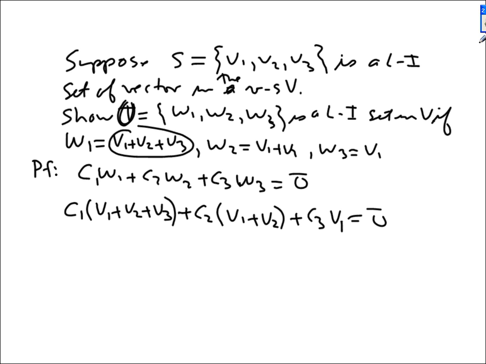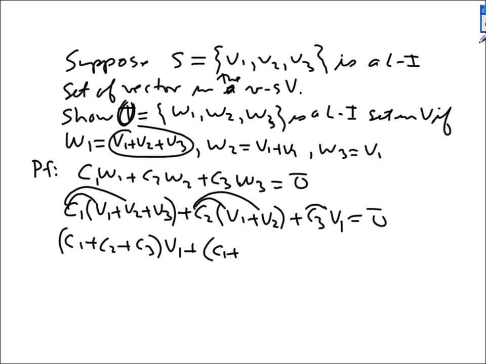So what we have is C1 V1 plus C2 V1 plus C3 V1. And we have that number of V1s. How many V2s do we have? We have C1 plus C2 times V2.